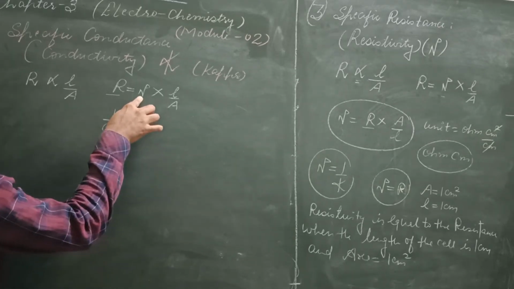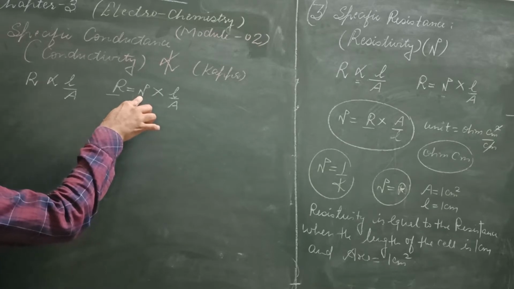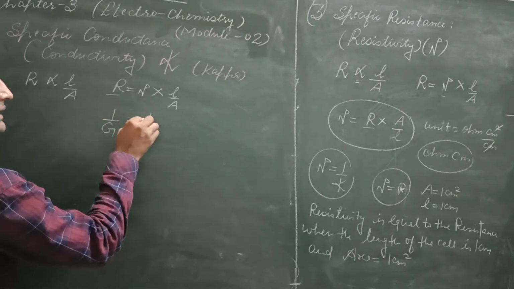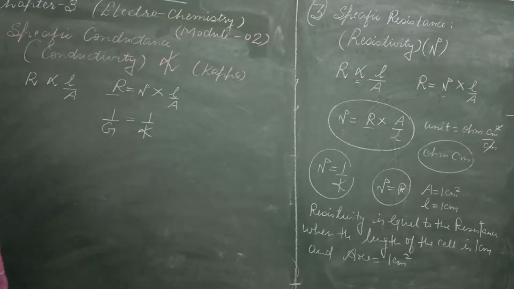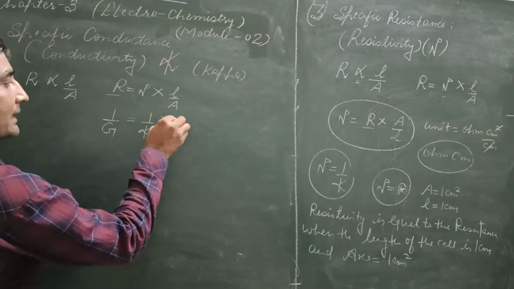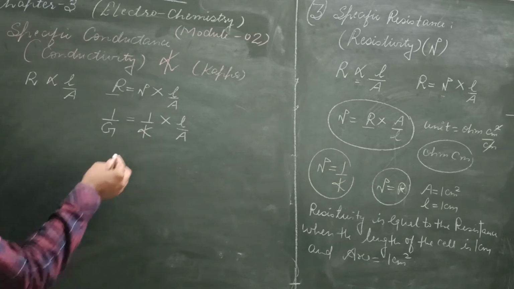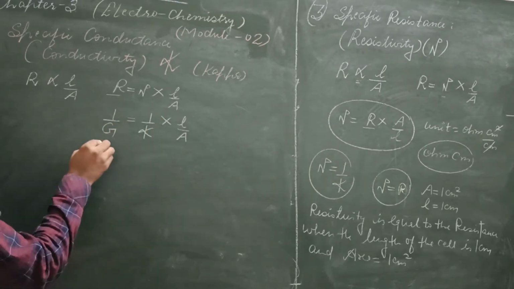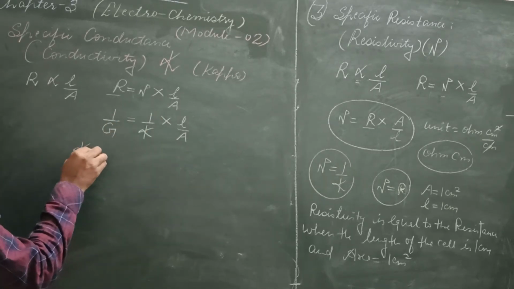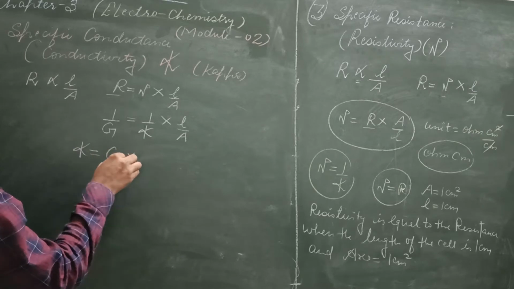Reciprocal of rho, resistivity, equals conductivity, shown by kappa, into L by A. And by cross multiplying we get kappa equals G into L by A.